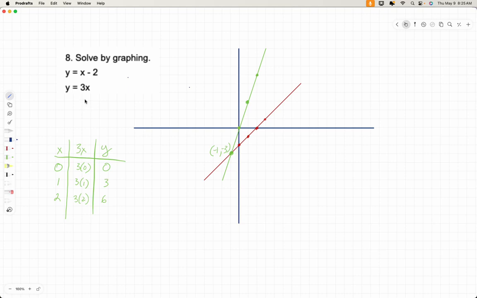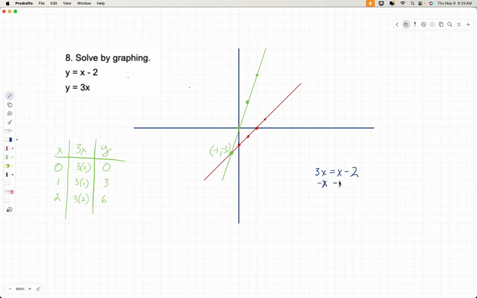So, if we were to use substitution in this, we know the value of y is 3x. So I could substitute 3x for the y here, right? So 3x is equal to x minus 2, because that's what y is equal to. So then that allows me to subtract x from both sides.